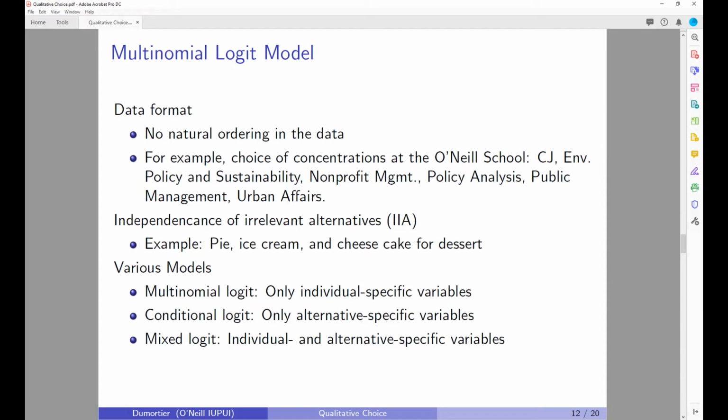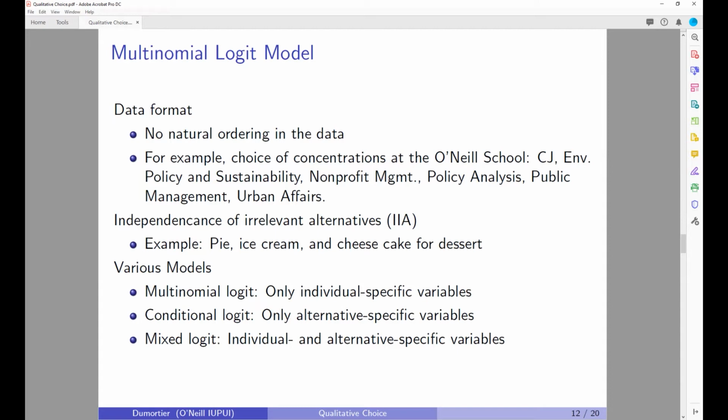Now, what we will see is that when we are looking at multinomial logit models, this is just one category of models. Because think about the following. You have choices, for example, pie, ice cream, or cheesecake, or what we are going to look at later in this lecture, the choice of purchasing a gasoline vehicle, a hybrid vehicle, and an electric vehicle.